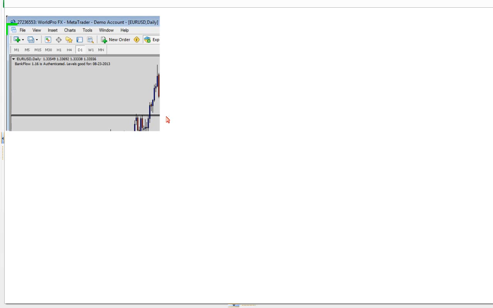So not only have we found multiple instances of resistance, but we're now finding back here into February, we also found support in the same time frame. So it's my expectation that as long as we stay under that simple black line there, that there's resistance, and over the past several days, we can see that it's continued to bounce back down. And that gives me an expectation for the euro dollar right now and gives me a directional purpose.